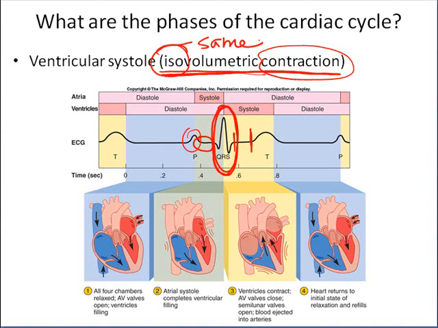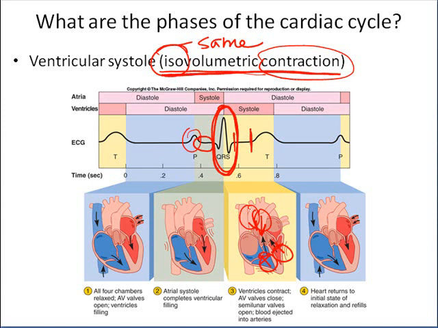And this contraction eventually reaches the point where the pressure inside the ventricles is sufficient to overcome the pressure in the aorta and in the pulmonary trunk. Okay, the aorta and the pulmonary trunk are full of blood, and that blood is pushing down on those semilunar valves. And until the pressure in the ventricles is greater than the pressure in the aorta and the pulmonary trunk, those valves won't open.